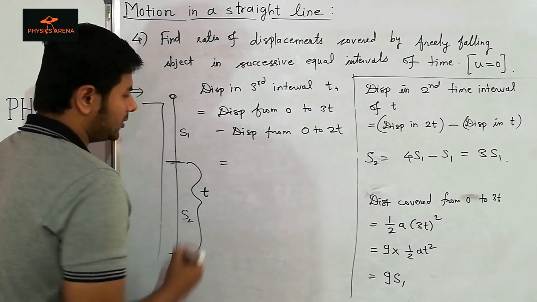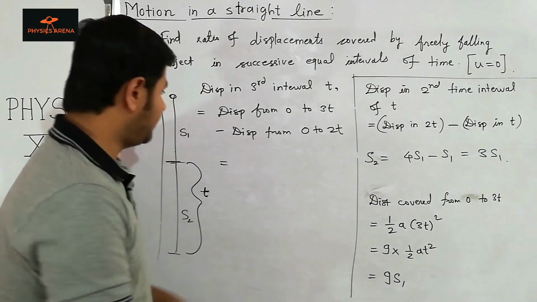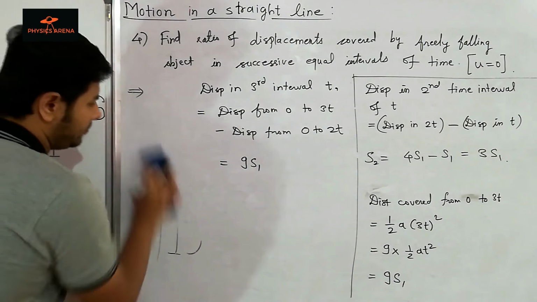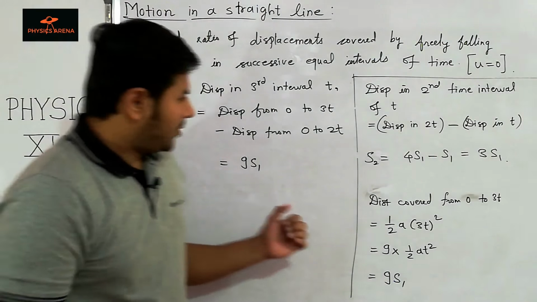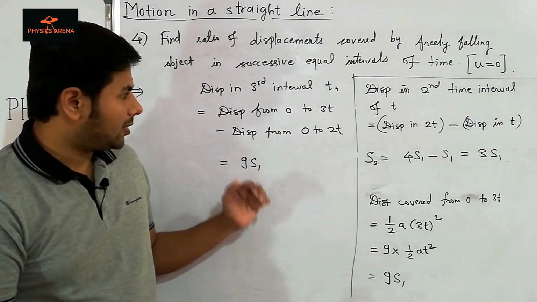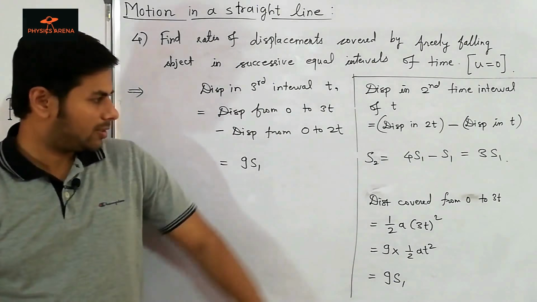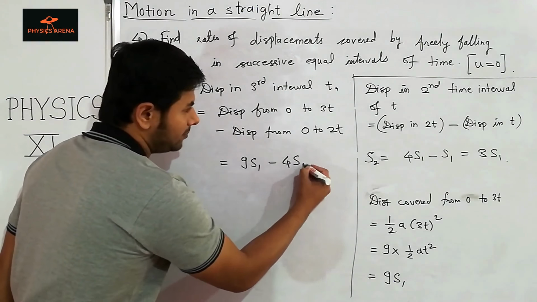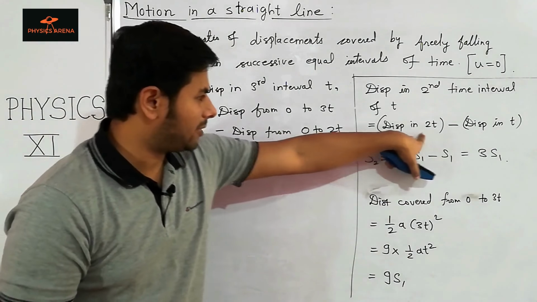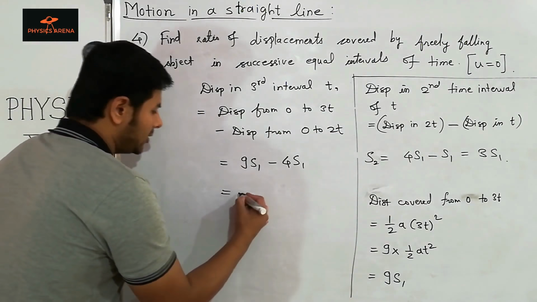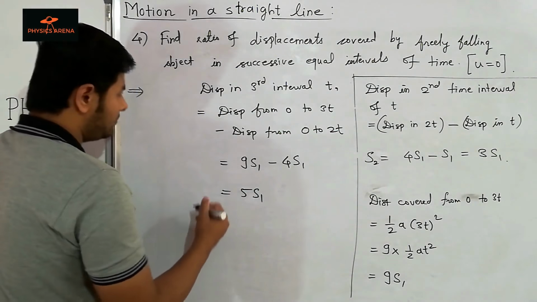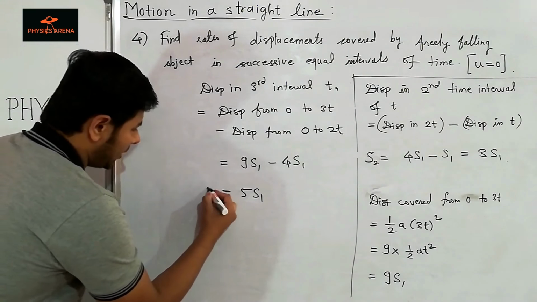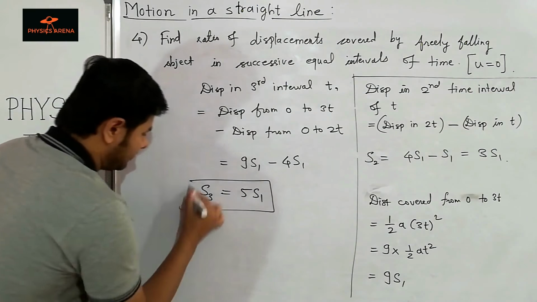This is equal to 9s1 minus the displacement from 0 to 2t, which we found was 4 times s1. So 9s1 minus 4s1 is going to be 5 times s1, and I will represent this by s3.